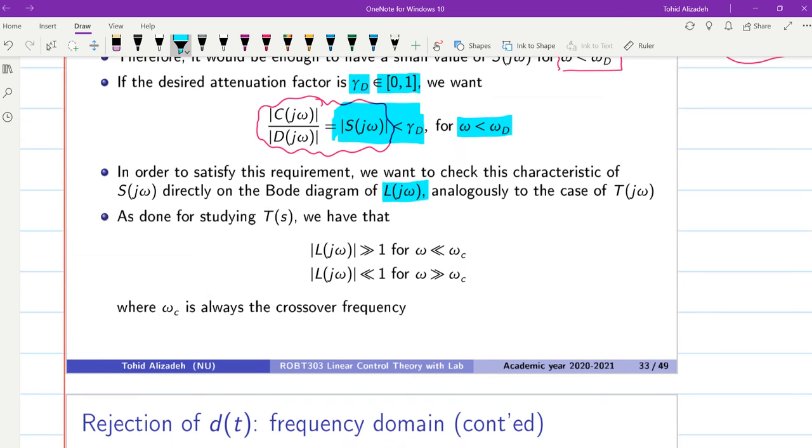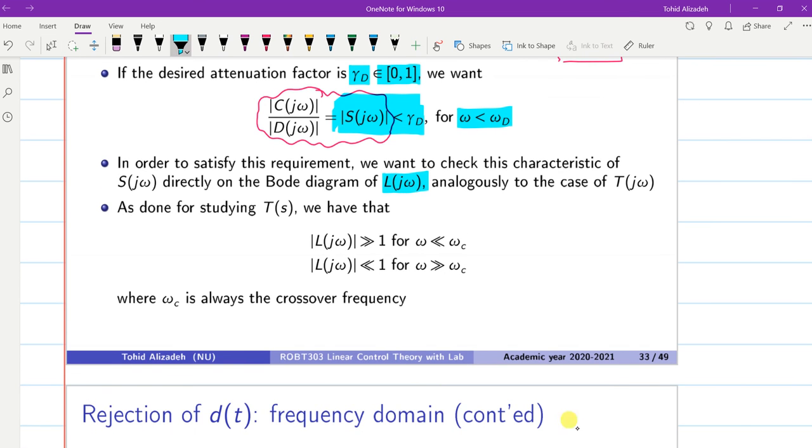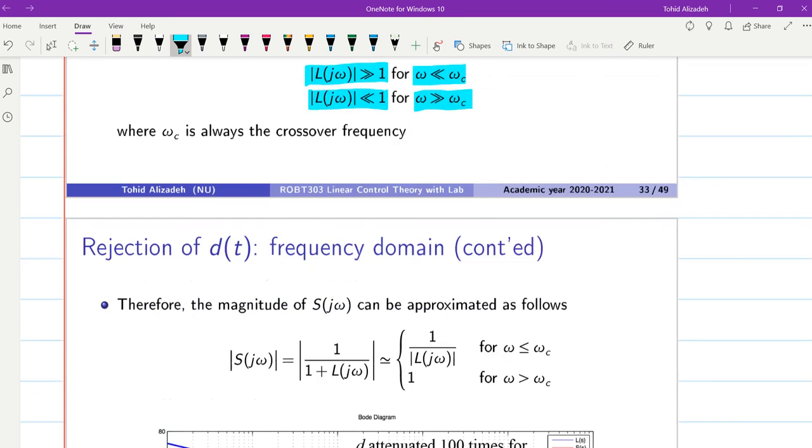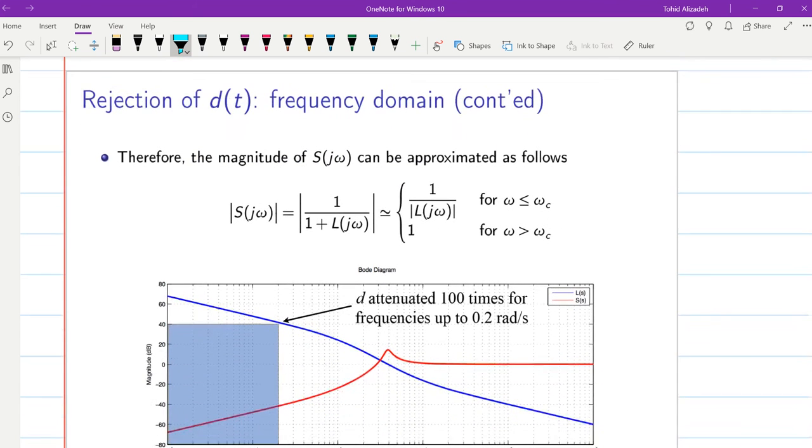We should also remember that for small frequencies, the amplitude of L of j omega is usually much bigger than 1, and for high frequencies it is much smaller than 1. This is an assumption that we had in the previous lecture, and omega_c is the crossover frequency.